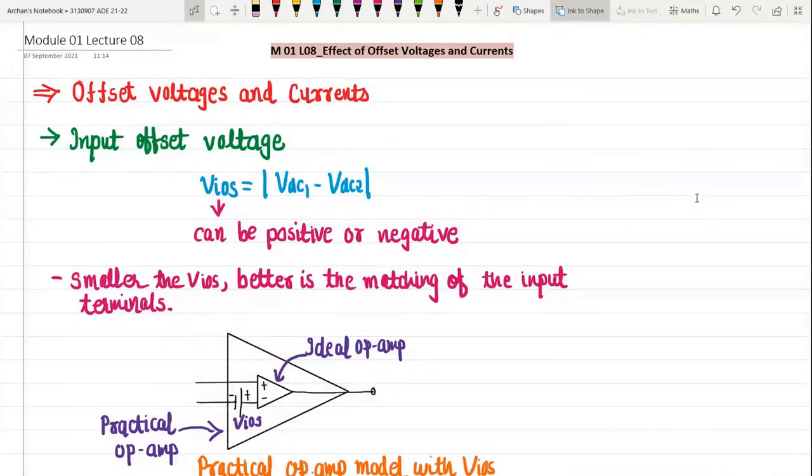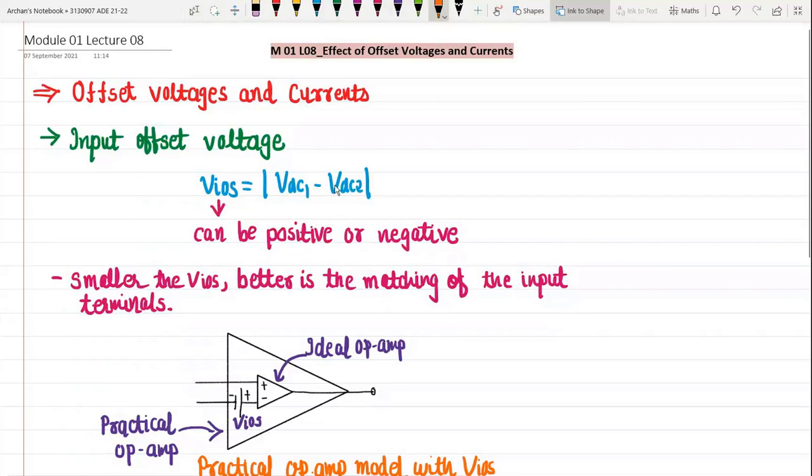The definition of input offset voltage is the differential voltage that must be applied between the two input terminals of an op amp to make the output voltage zero, and generally it is denoted by VIOS. This VIOS can be positive or negative. Hence, the absolute value of VIOS will be mentioned in the datasheet.